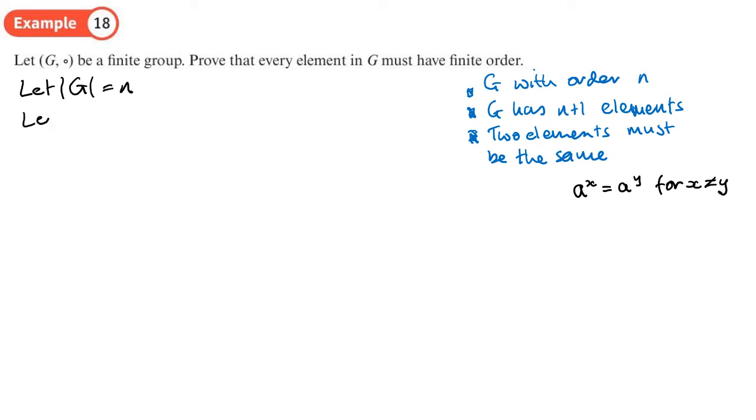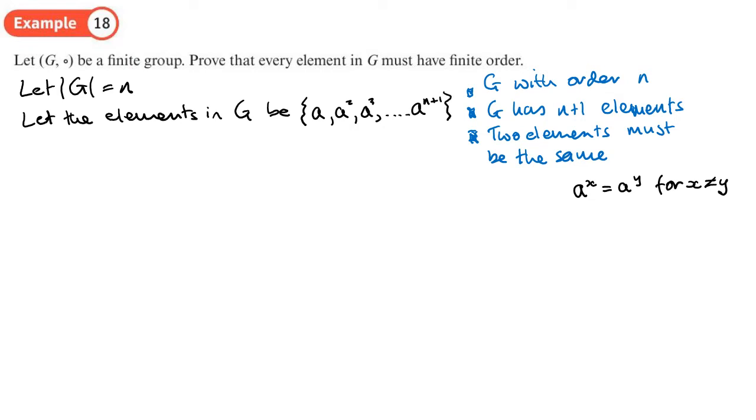Then we're going to say let the elements in G be, let's write it down as A1, A2, A3 up to A(n+1).